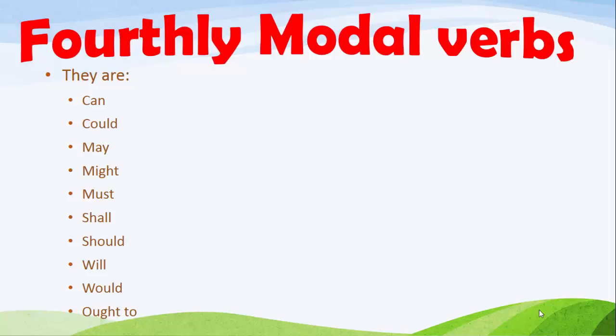What are modal verbs? We have many examples of modal verbs, such as can, could, may, might, must, shall, should, will, would, and ought to. So what's the meaning of modal verbs? How are they defined?